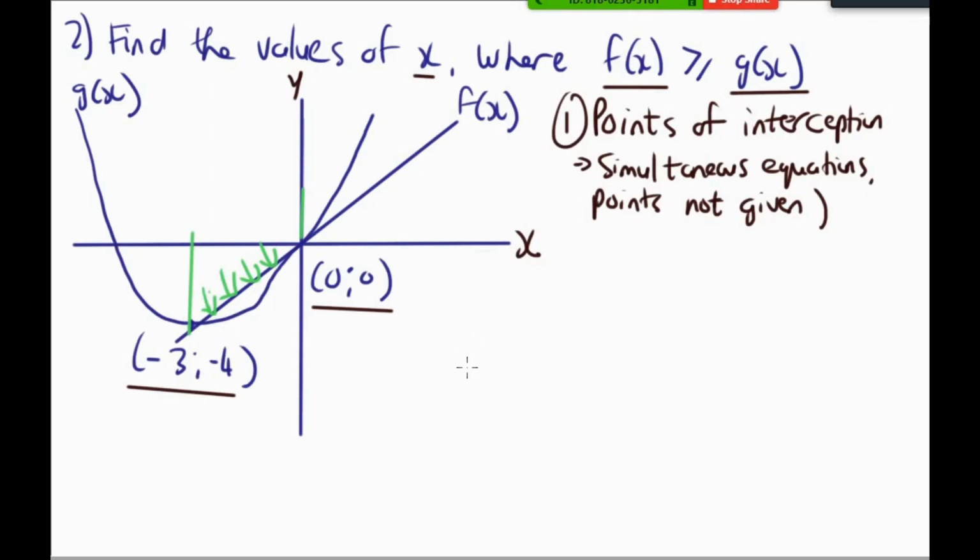So firstly, once we have our points of interception, then number 2 is we've got to identify, or locate, the area where that condition is satisfied.